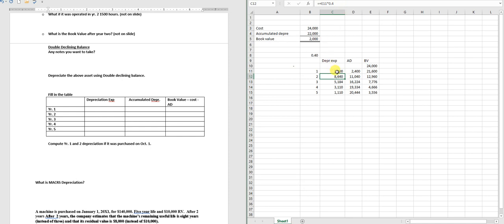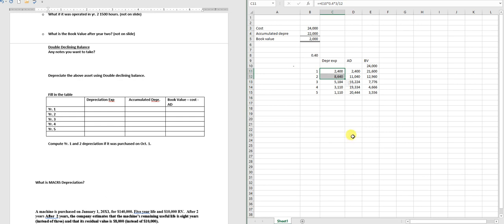My accumulated then is $2,400, and my book value is the 24,000 minus the 2,400, etc. Then the next year, notice I have this in an Excel spreadsheet, so it kept changing them. So I just do the same thing. I take the 21,600 times 40% to get 8,640. So my year 1 and 2 depreciation is 2,400 and 8,640.